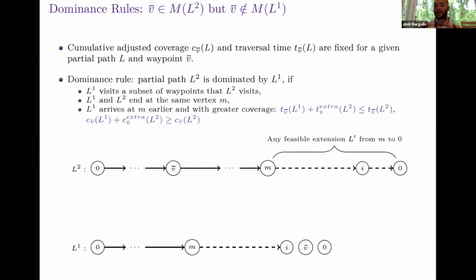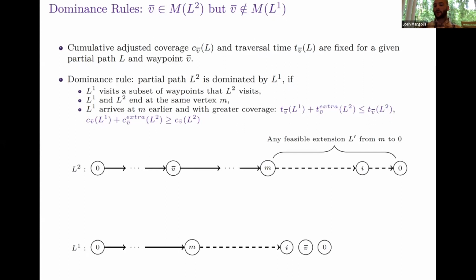And that adjustment, or detour if you will, we're going to call the extra coverage. And we really want to look at the worst case scenario. So out of all possible extensions, I want to know the minimum coverage I can accrue by taking that detour. And if I take that minimum value and the coverage of L1 with that minimum value still outdoes that of L2 for any possible extension, I can determine that L1 will continue to dominate L2.